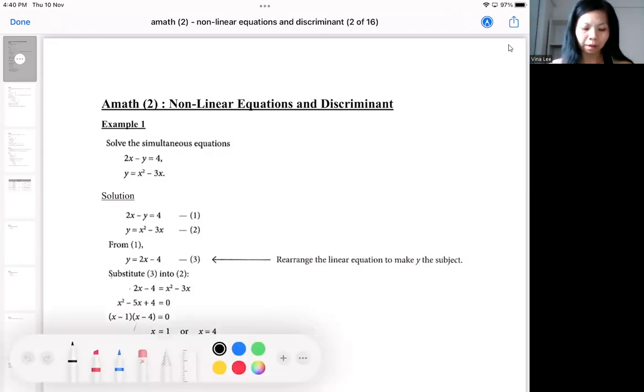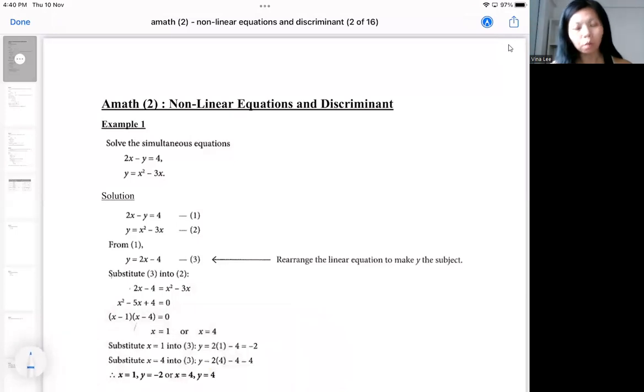The effect of doing a linear with a non-linear, we'll see in a while. You will get more than one solution. Previously in your linear equations, when you did elimination or substitution, you only got one answer. But right now, you are going to see one answer or two answers.